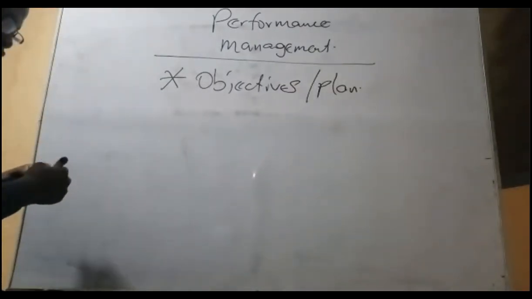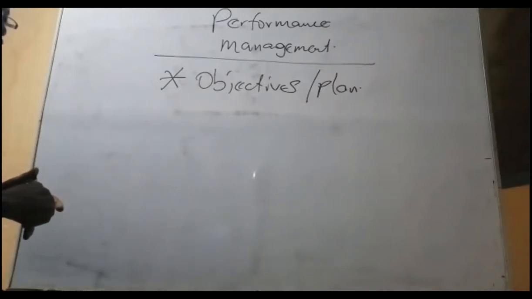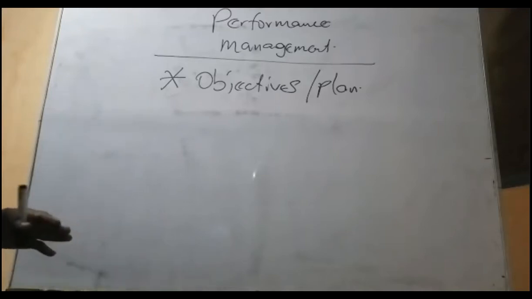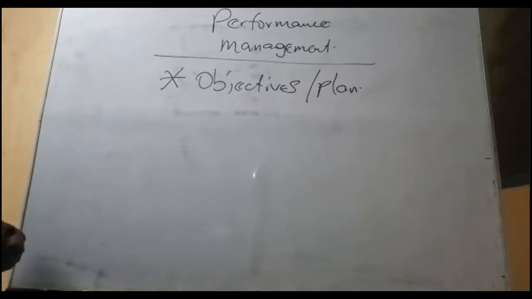The ending section of this subject summarizes how we can set objectives or a strategic plan for the organization. So that's the first aspect of it.